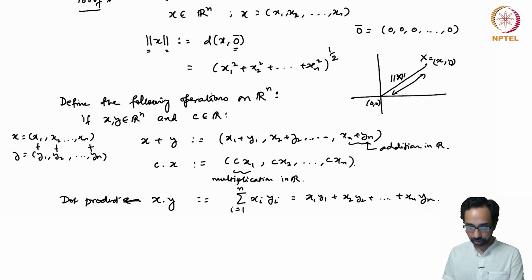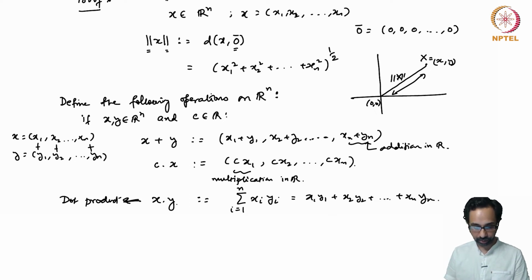It just means that you are multiplying the first coordinate of x with the first coordinate of y, the second coordinate of x with the second coordinate of y, and so on, and adding them all up. You might recognize this as a generalization of the usual dot product in R3, for example.